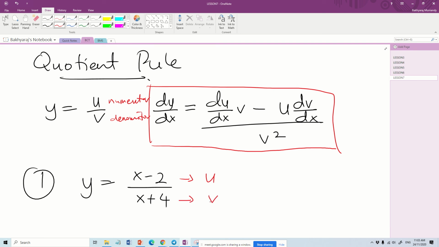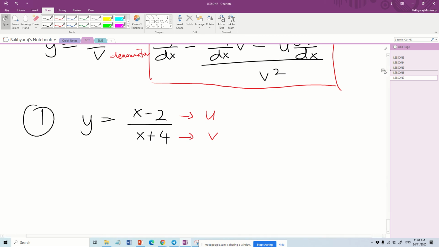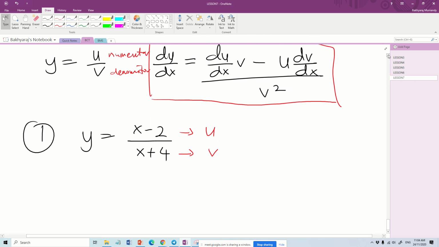Once you get u and v, then you can go for the formula dia. So du dx and then dv dx. So u equal x minus 2 and then v equal x plus 4.